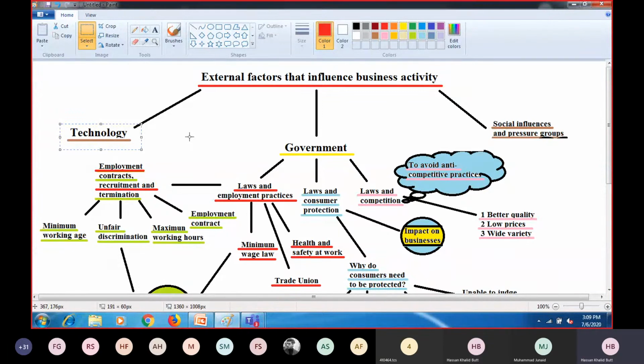Why do we call it external factors? Anybody? Because that is the primary question which I missed out in the previous class and I want to ask. Zainab Hamid, can you tell me why I'm using the word external factors? Why not simply factors?